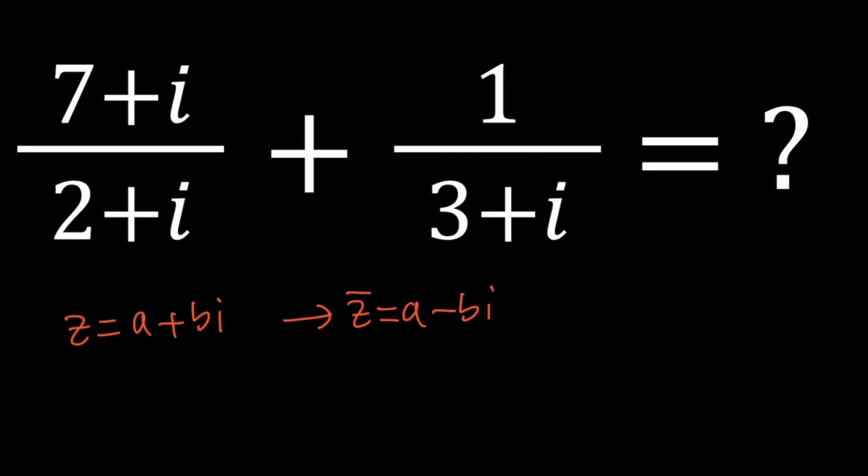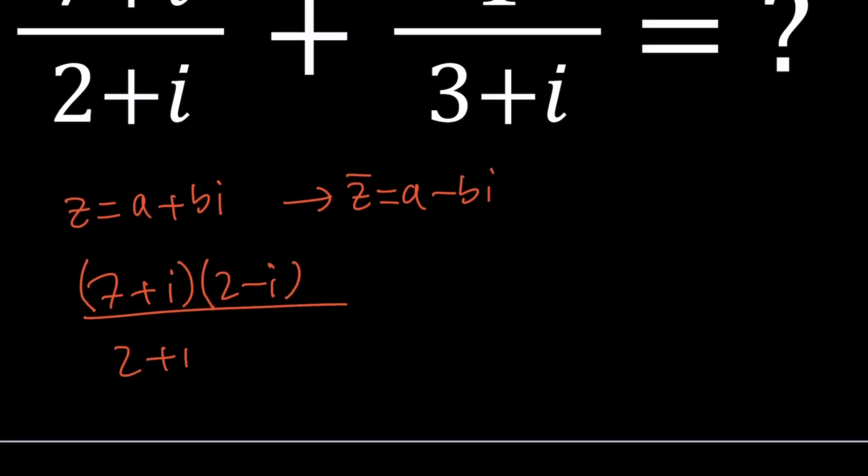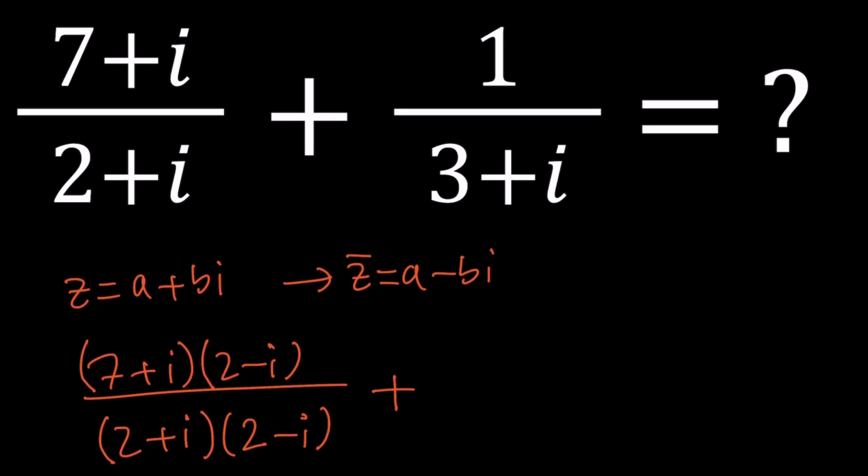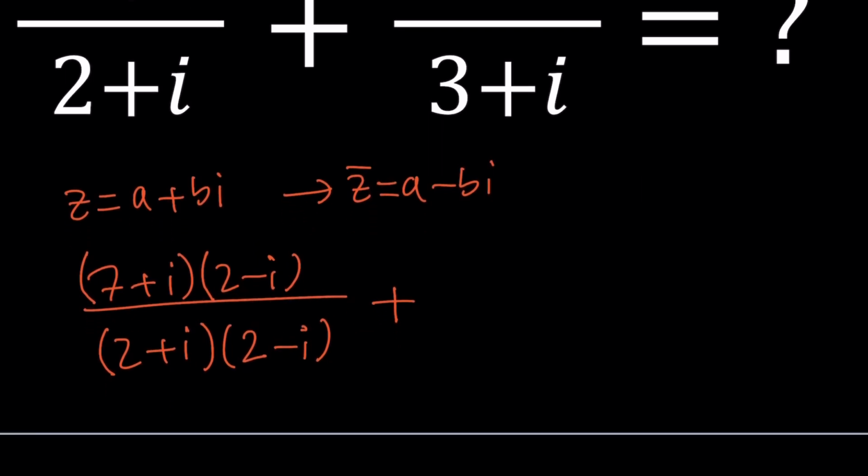We're going to go ahead and start with 7 plus i, multiplied by 2 minus i, which is the conjugate. And then at the bottom, I have 2 plus i, multiplied by 2 minus i. Notice that I'm multiplying the top and the bottom by the same thing, so it's equivalent to multiplying by 1. And on top, we have a 1.